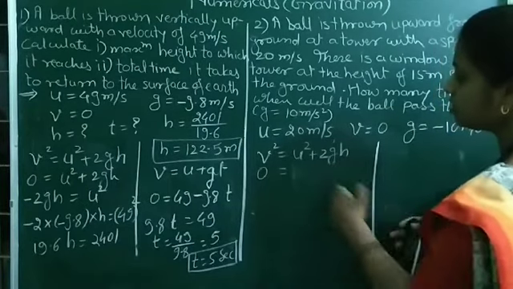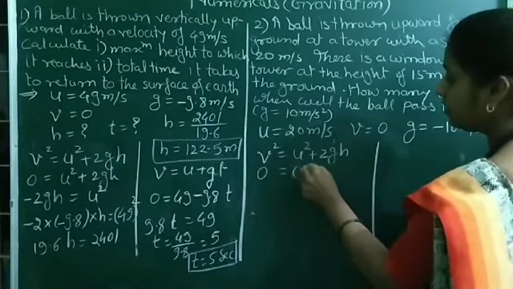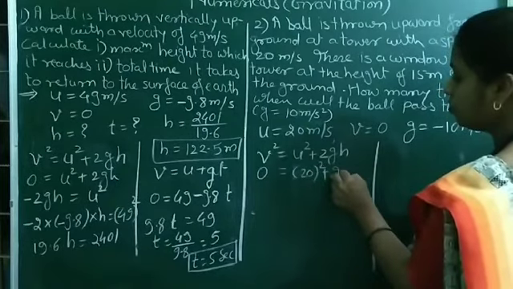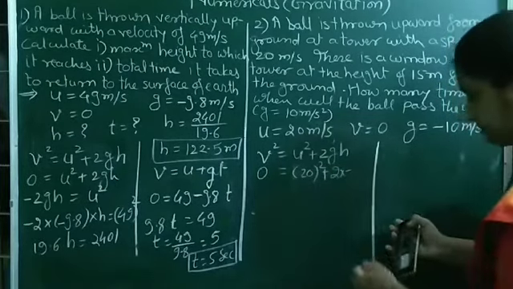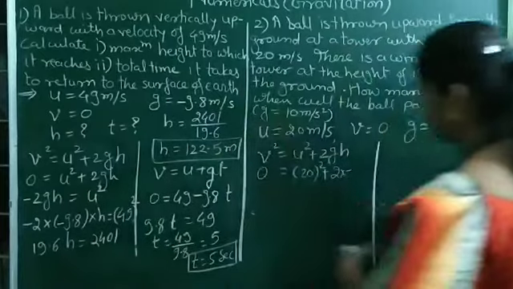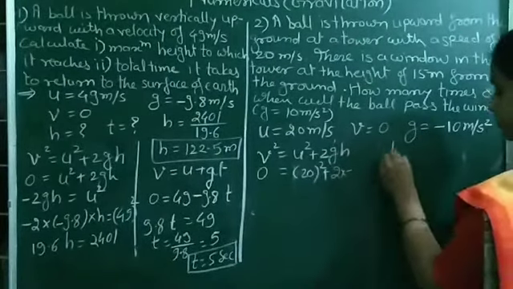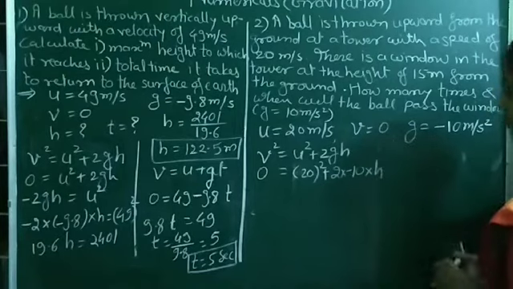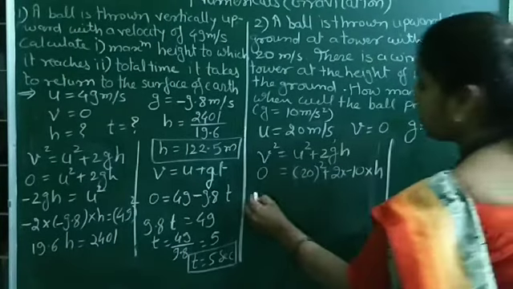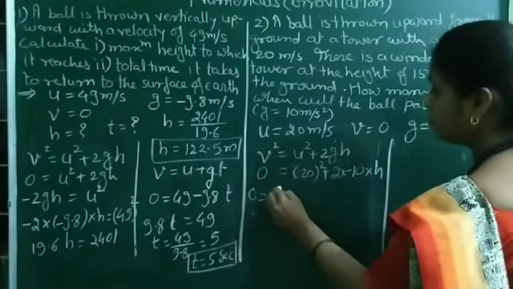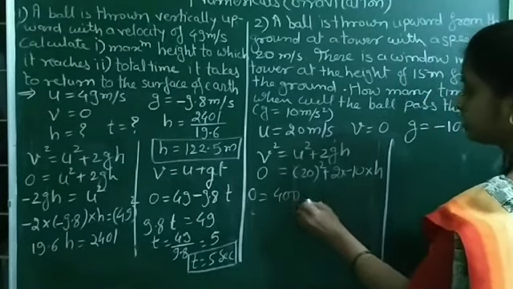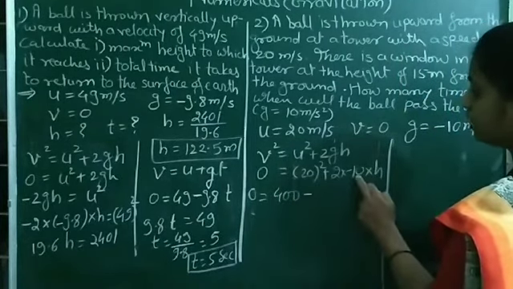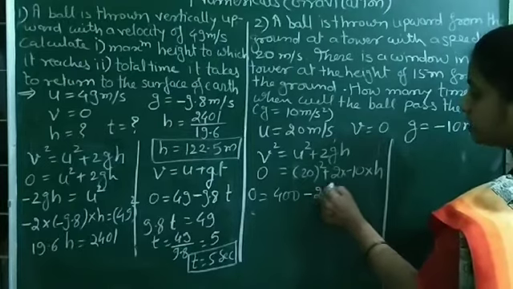Again v square will be 0, so 0 is equal to u square plus 2gh, and we can directly put in the values. U is 20, so 20 square plus 2 into minus 10 into h. Therefore 0 is equal to 400 minus 20h.